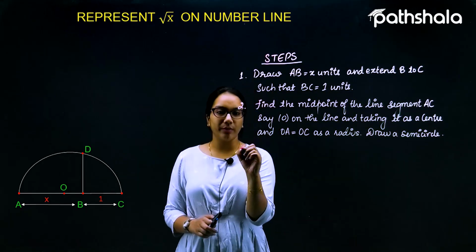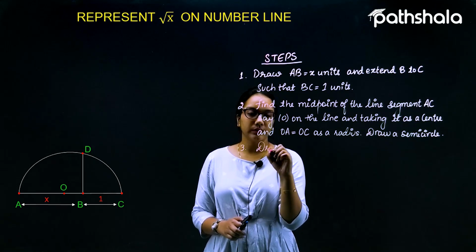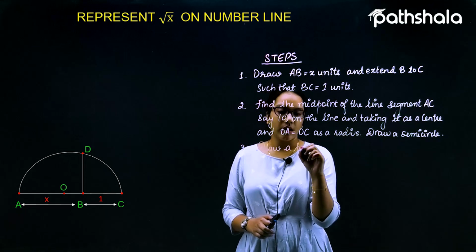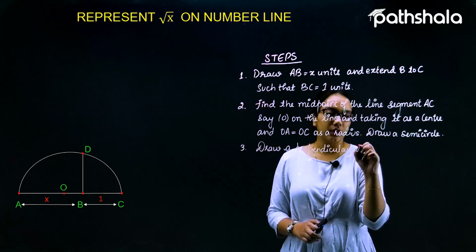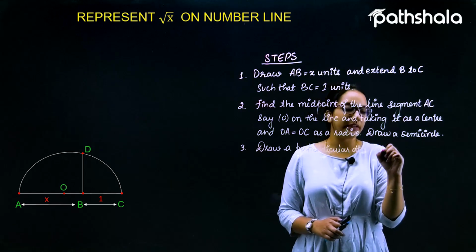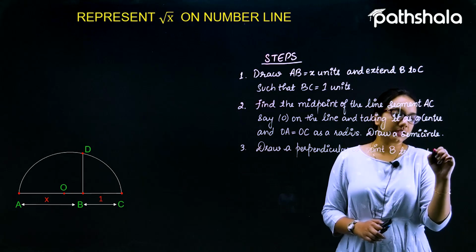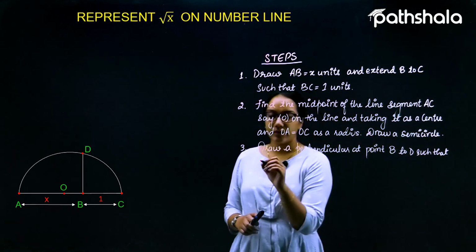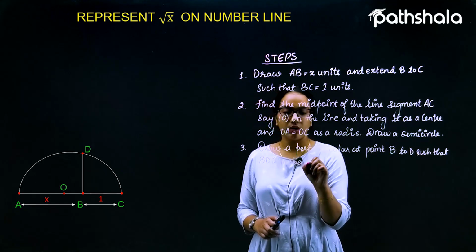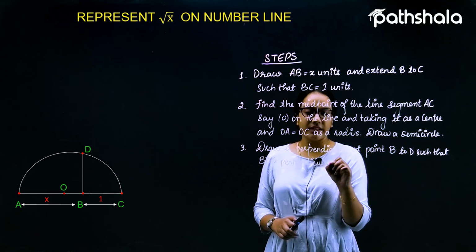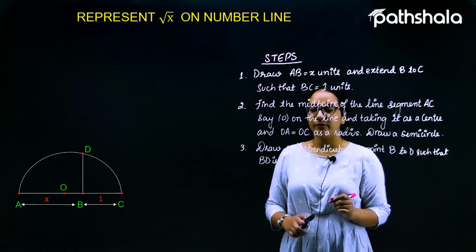The third point would be like, draw a perpendicular at point B to D such that BD is perpendicular to AC.